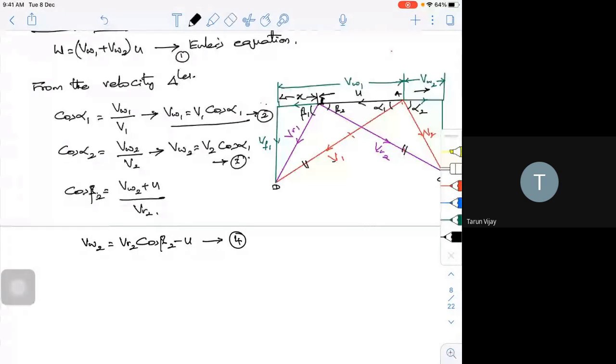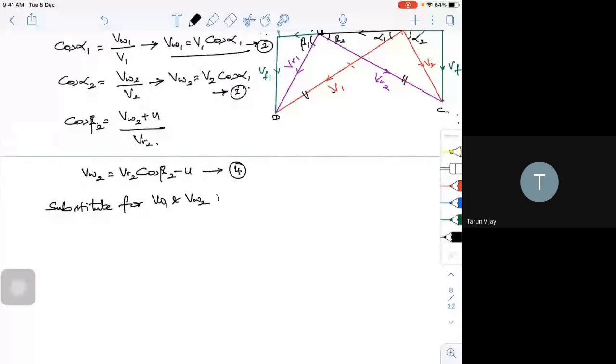Substitute for VW1 and VW2 in equation 1.